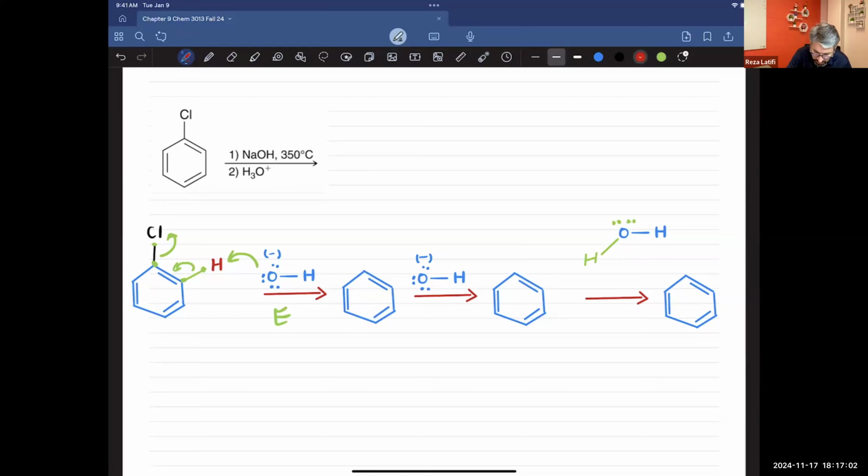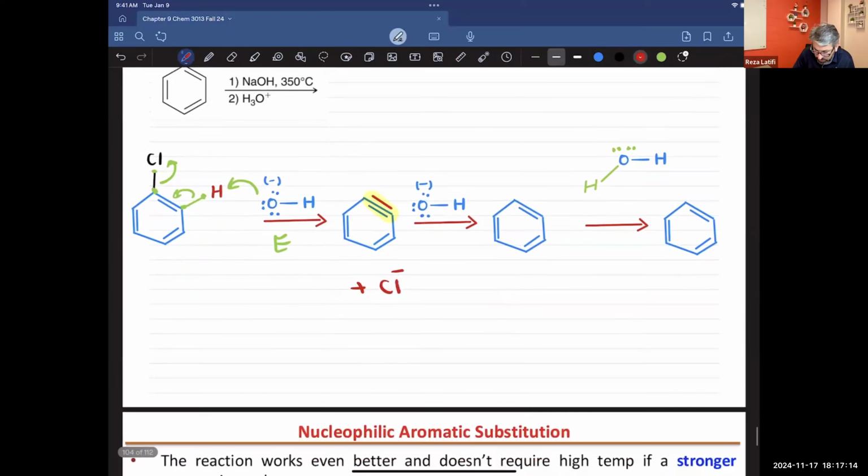In this case, I get this. I get a benzene ring that has a triple bond. And what else? We got chloride, and also we got H2O. So OH took the H and left as H2O. Chloride also left the system and turned to Cl minus.